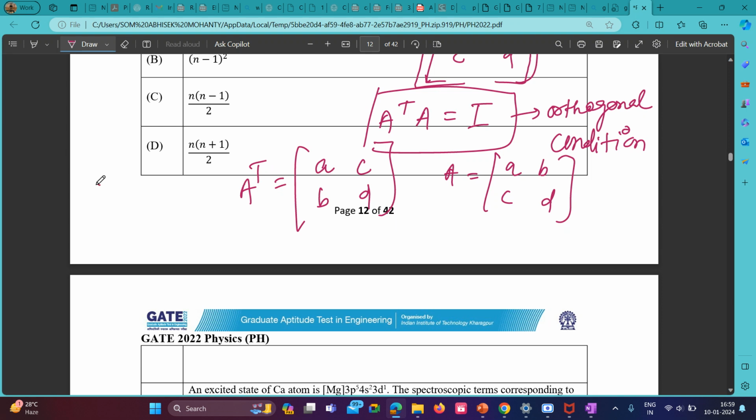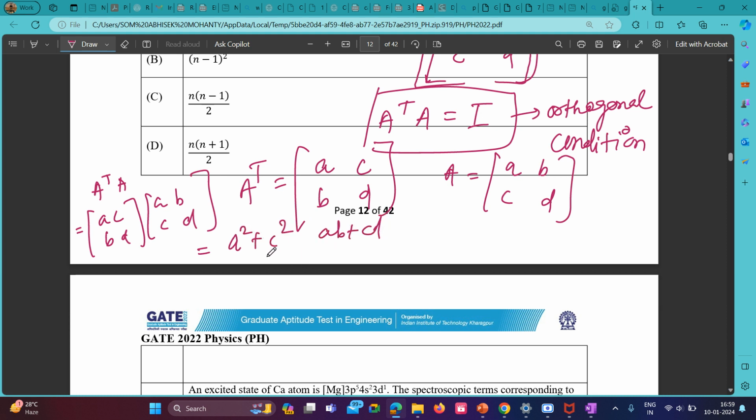If I multiply them, A transpose into A, that is a c, b d into a b, c d, how much will it be coming? a square plus c square, a b plus c d, a b plus c d, b square plus d square is equal to I, right?